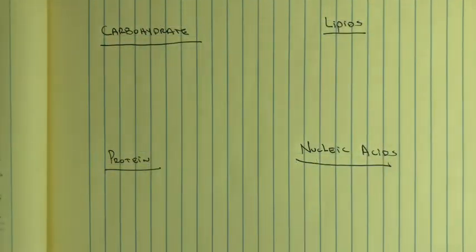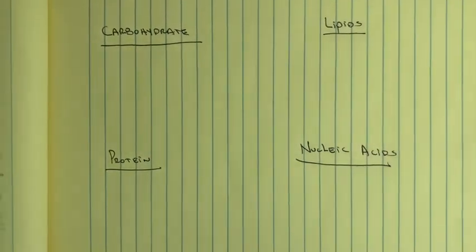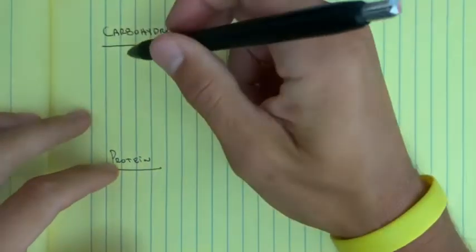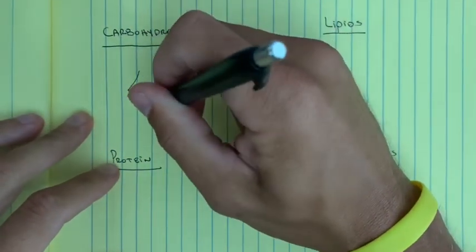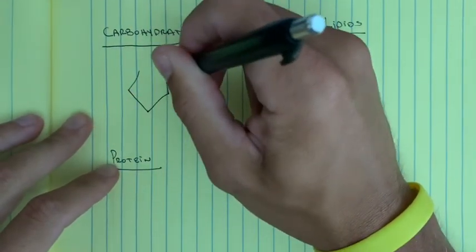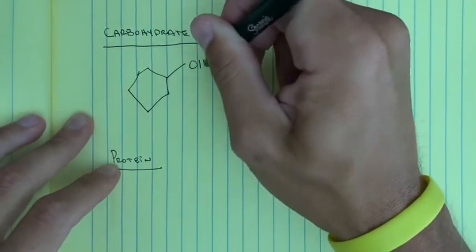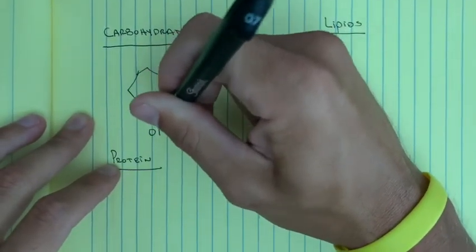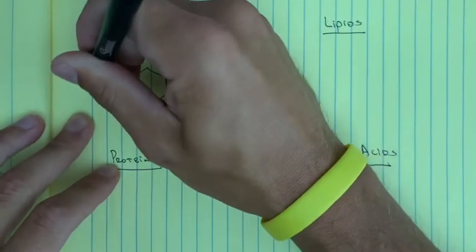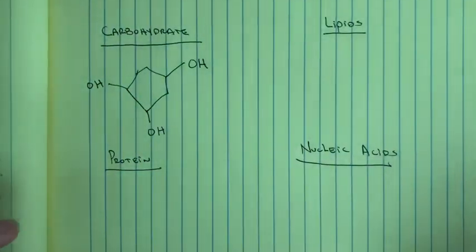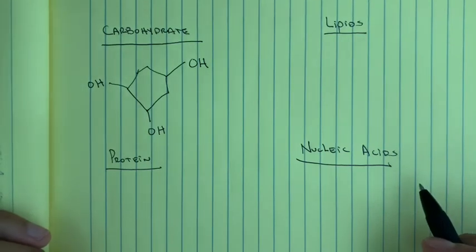So I'm going to show you what these 4 biomolecules look like after we draw them. So a carbohydrate looks kind of like a bicycle chain. And then coming off the sides, it has these oxygen and hydrogens attached to it. Okay, so that's what a carbohydrate would look like.